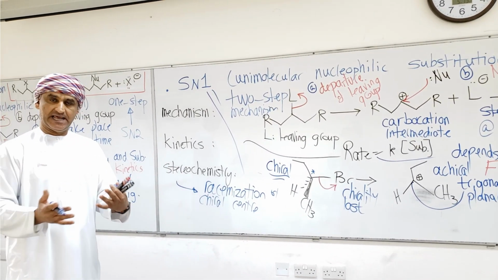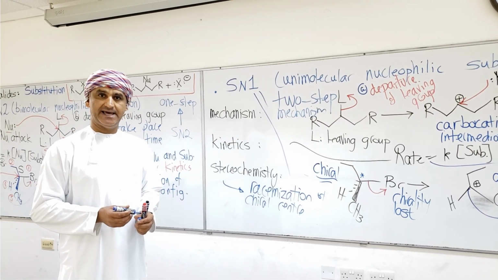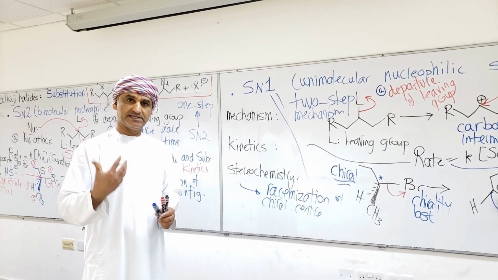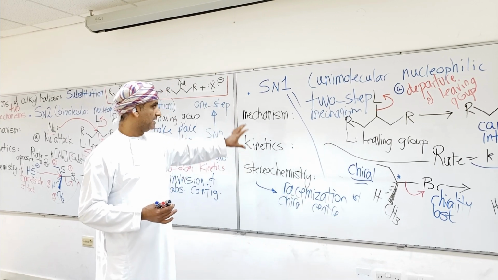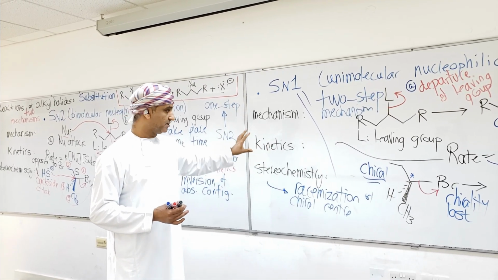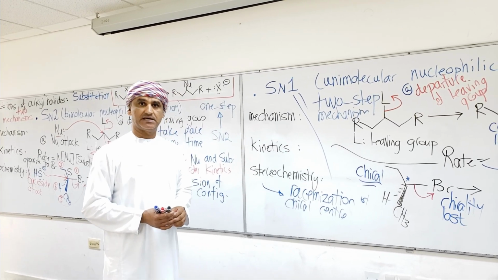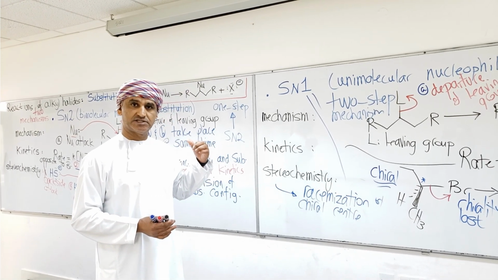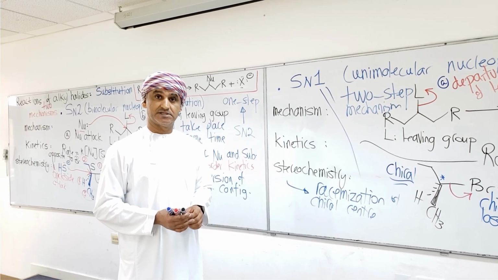If the nucleophile has two modes of attack, then a mixture of R and S is obtained. That mixture is a racemate, or racemic mixture, and thus in the stereochemistry of SN1 reaction, racemization of the chiral center is observed, unlike the SN2 mechanism, where inversion of stereochemistry was observed.